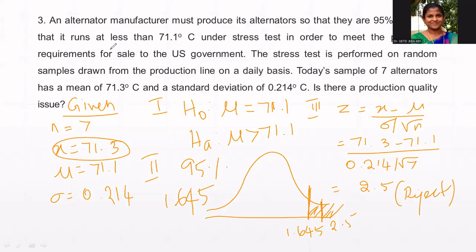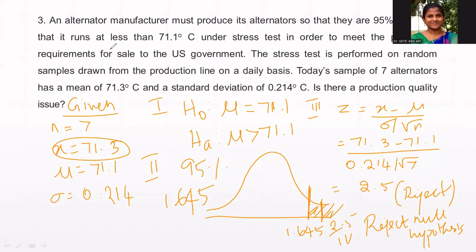So what should be the conclusion? The fourth step, you have to reject the null hypothesis. Very clearly there is a mark for it. So you should write in the fourth step, reject null hypothesis. Okay, what is the conclusion there? Is there a production quality issue? Yes.